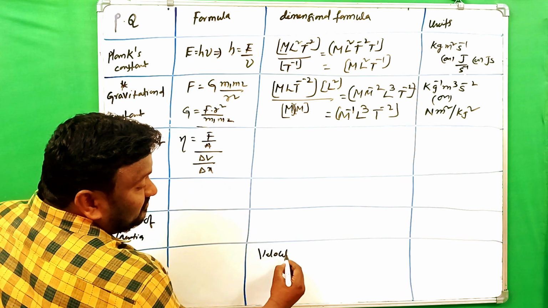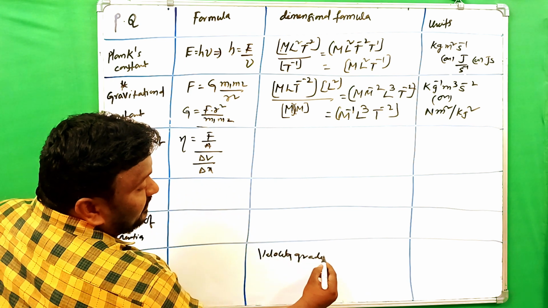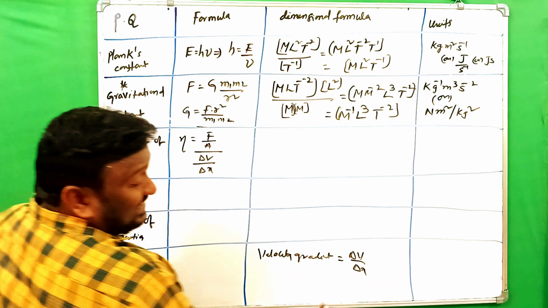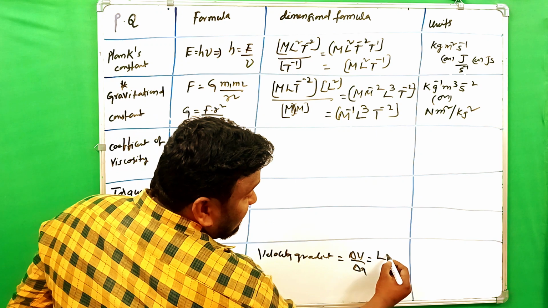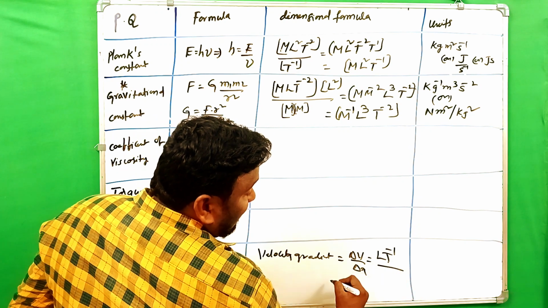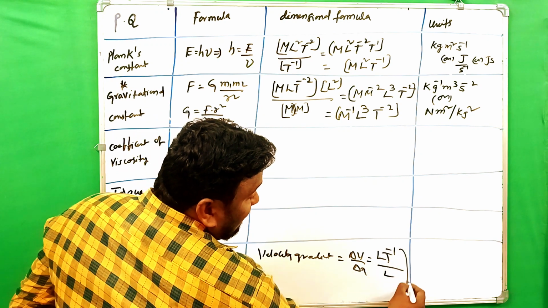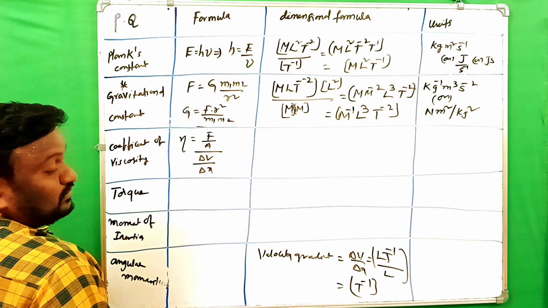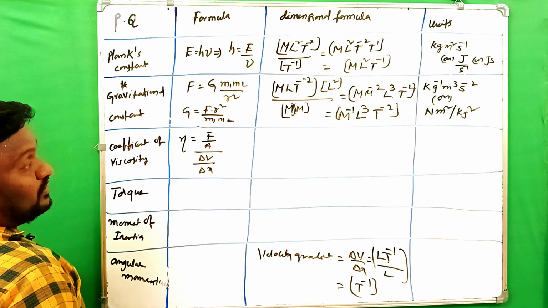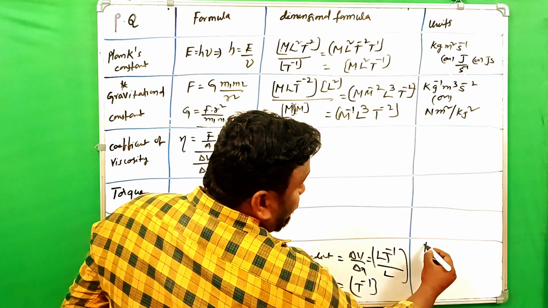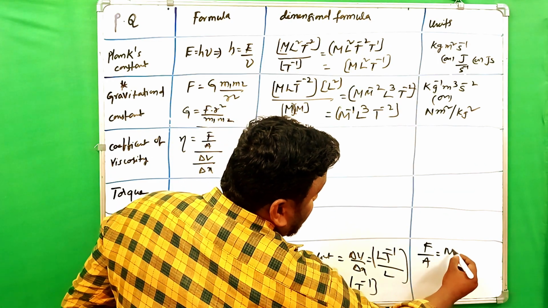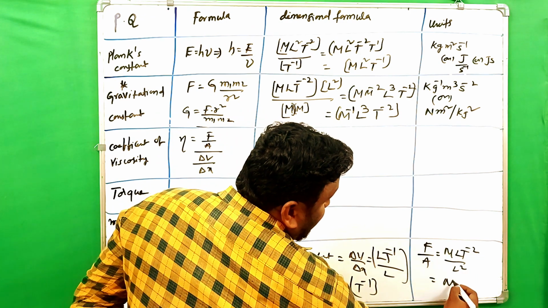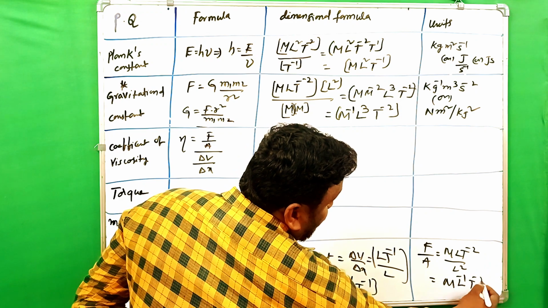Delta V means change in velocity, L T inverse 1, by delta X, length L. L and L cancel, and we get T to the minus 1, which is nothing but the frequency dimension formula. Already we discussed F by A: force M L T inverse 2 by L square gives M L inverse 1 T inverse 2.